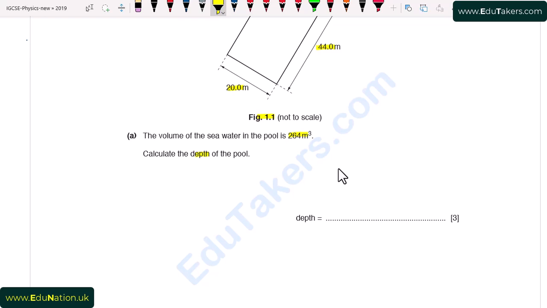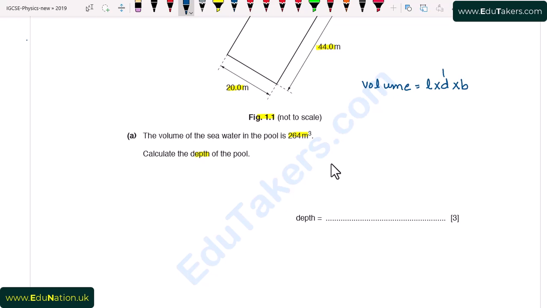Here we have to calculate the depth of the pool. We know that volume is the product of length, breadth and depth. So I write here volume is equal to length multiplied by depth multiplied by breadth.